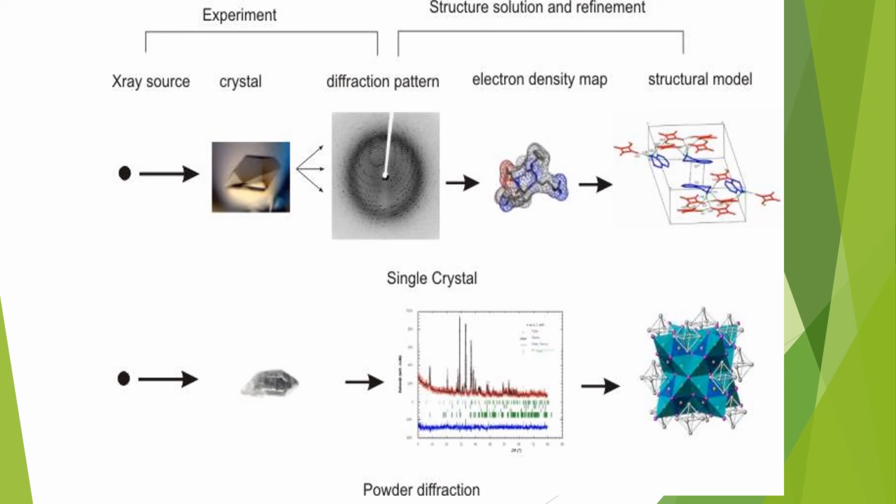In the powder diffraction, the same source, X-rays, is used and a powder sample is taken, and we obtain a graph which is showing some peaks, and this graph is then, by using different kinds of software, converted to determine the structure of the whole crystal system.